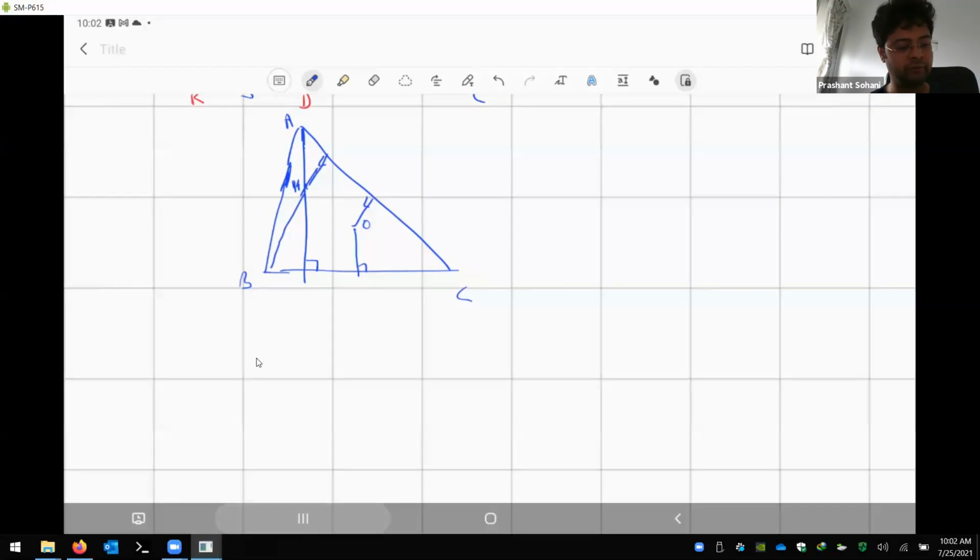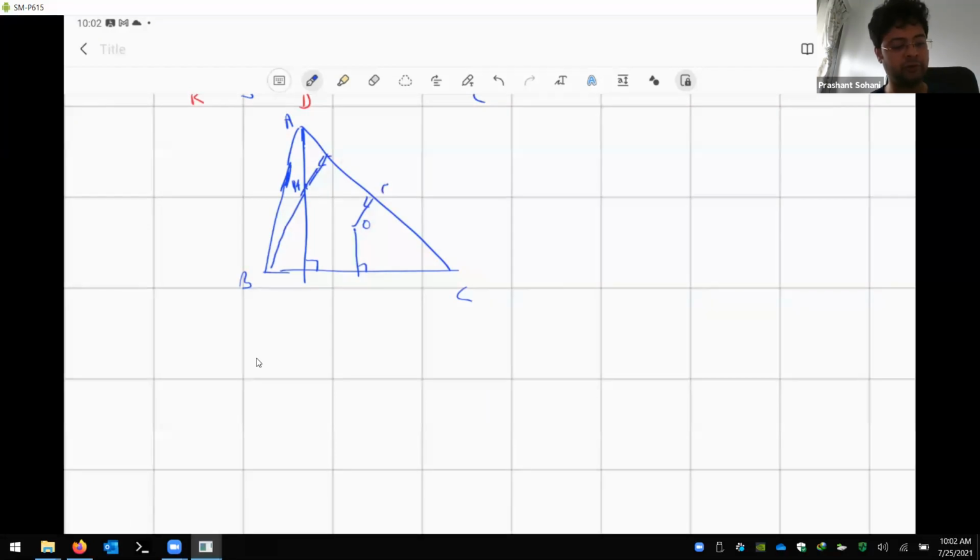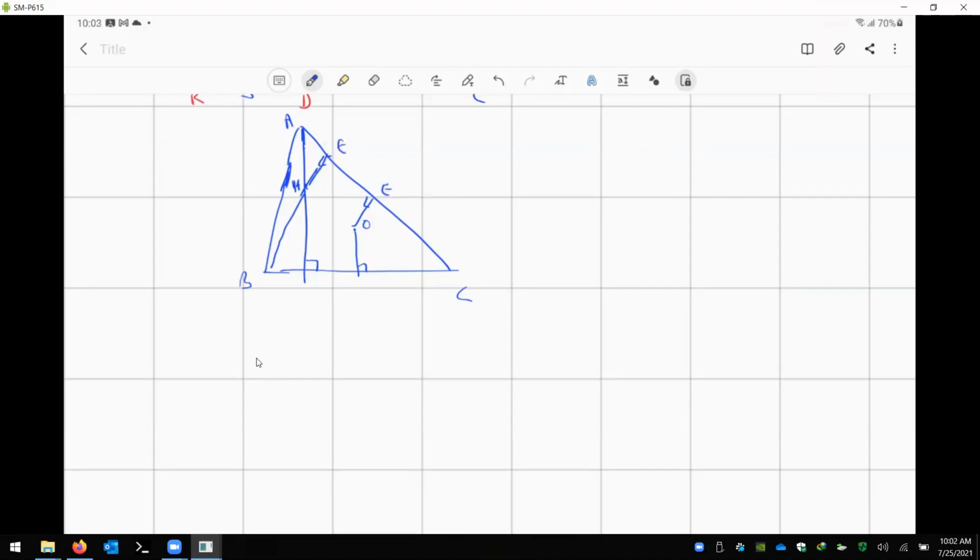So can we use these 2 points, the midpoint of one of these sides and the foot of the altitude? Let's call it Q. I don't have a better name right now.